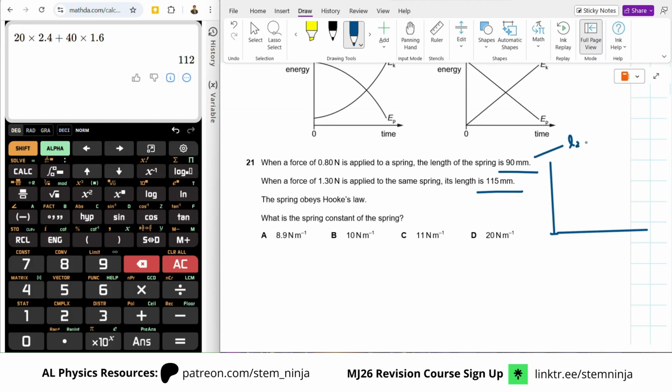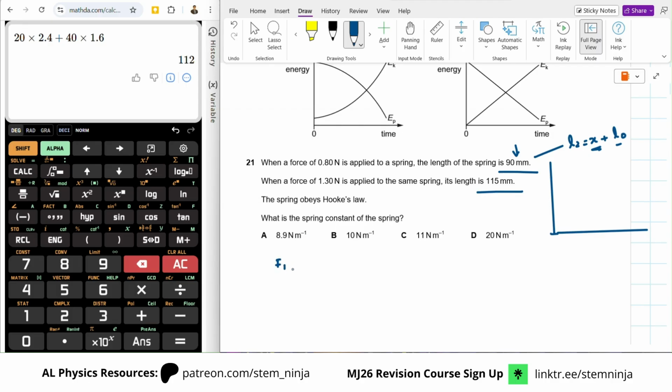So this is length 2, which is the extension plus the original length. We don't know the original length. This is the new length simply. We need to represent this in terms of the extension.